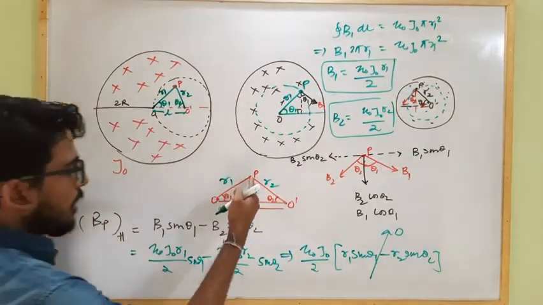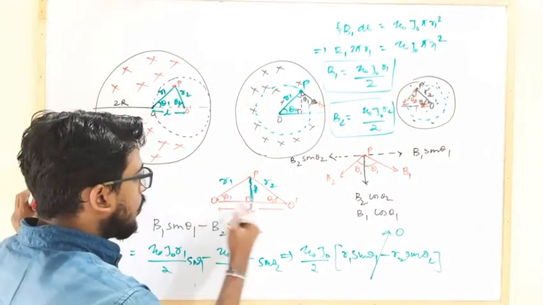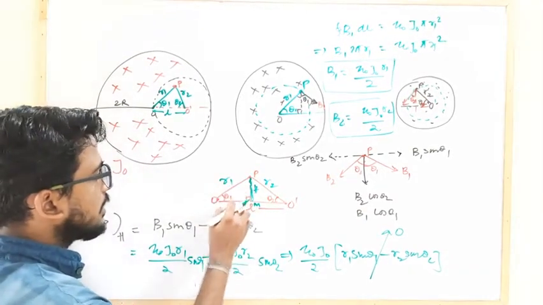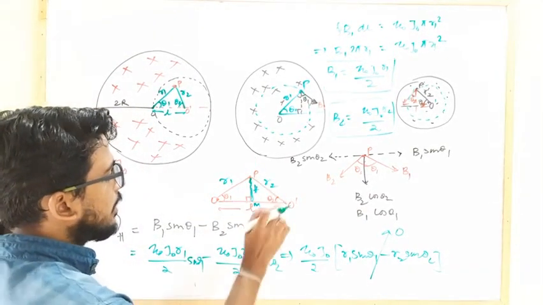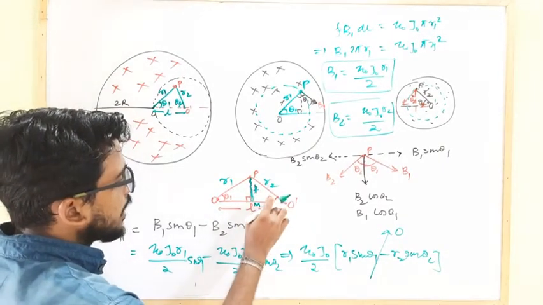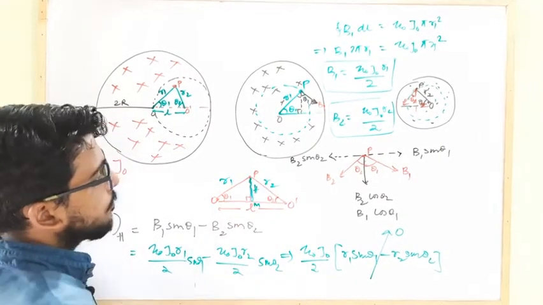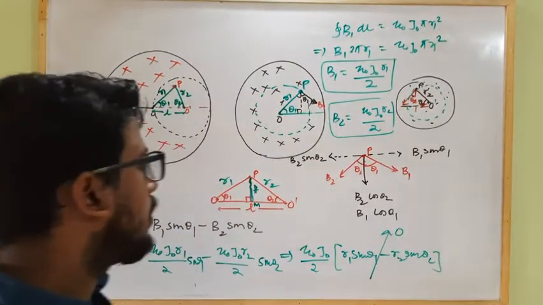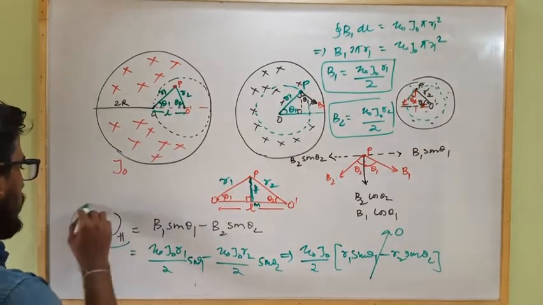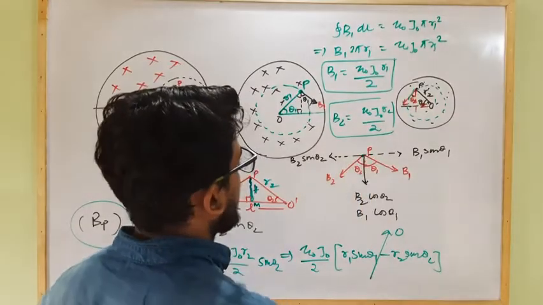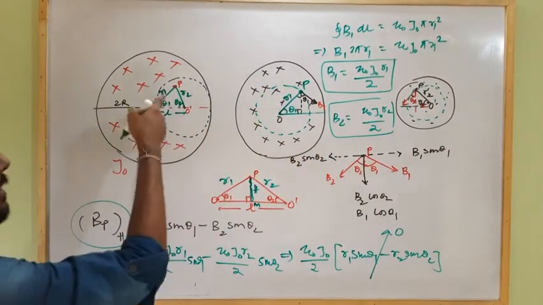Clear? In the triangle POM, R1 sin theta 1 will be the height PM. Similarly, in the triangle PMO dash, R2 sin theta 2 is also PM. That's why R1 sin theta 1 minus R2 sin theta 2 will become 0. So the net horizontal component will become 0 at the point P due to the complete system.